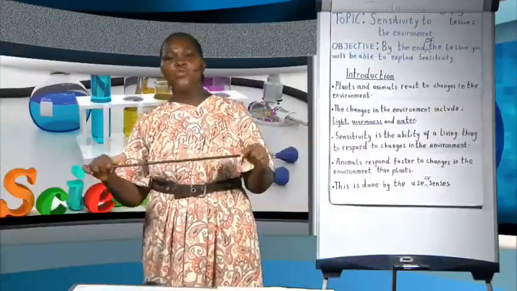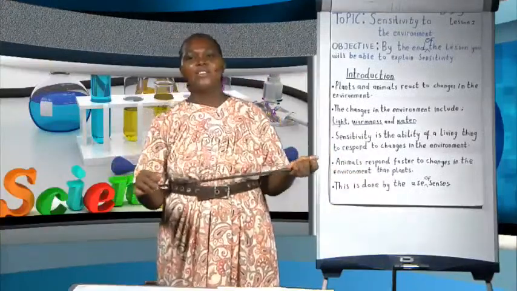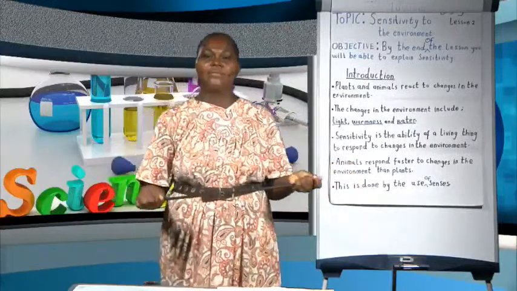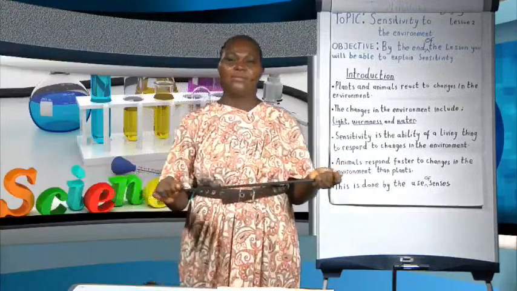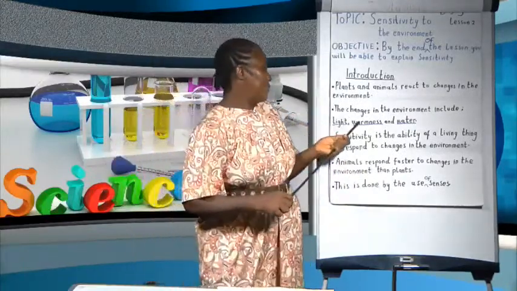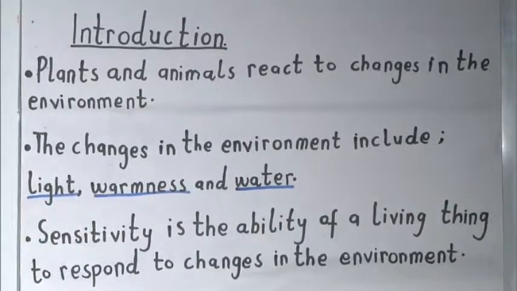When you sleep and you put off your lights, and immediately somebody comes and switches it on, you respond. You see that you can't see well. So this is how light is a factor. Now let's look at warmness.